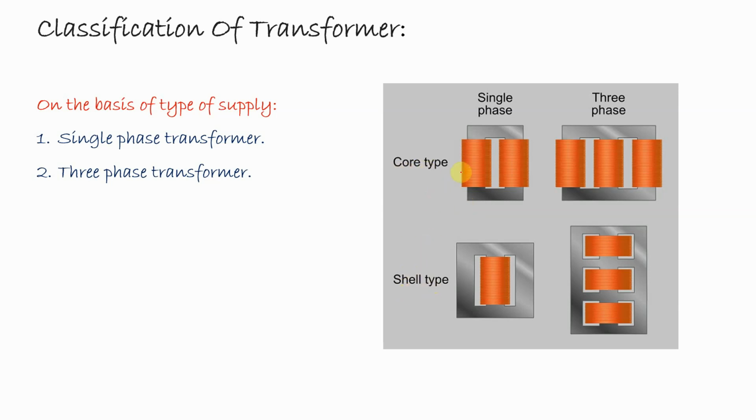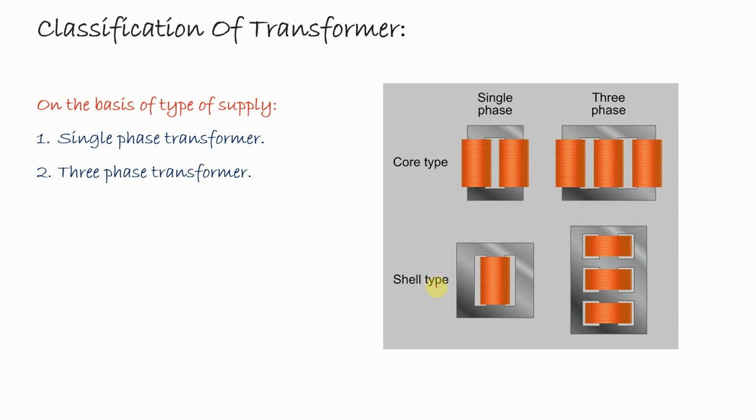In core type transformers, we have two limbs, so the windings are placed on two limbs. This is called the single phase core type transformer. In the case of the three phase transformer, there are three limbs and the winding of each phase is placed on an individual limb.